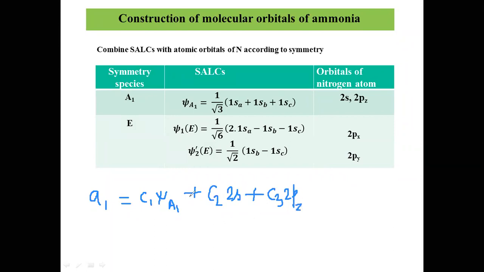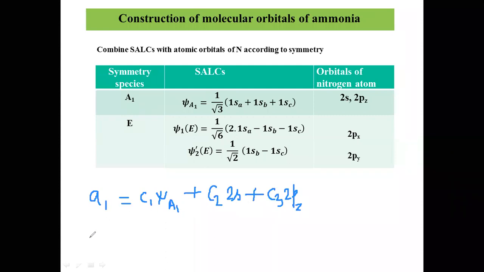Right. So if we take the linear combination and form the secular equation, the secular determinant, using these coefficients, we get a 3 by 3 determinant, right? Now from the 3 by 3 determinant, when we solve for the non-trivial solution, we get the coefficients C1, C2 and C3. According to their values, when we combine, we are going to get 3 MOs, right? Those 3 MOs we are going to plot.